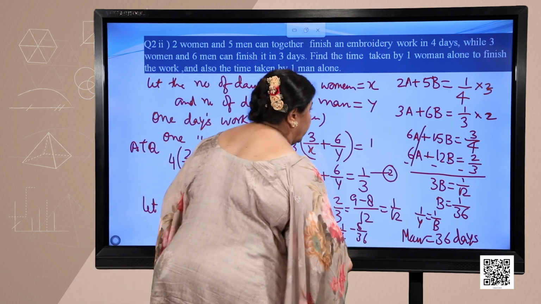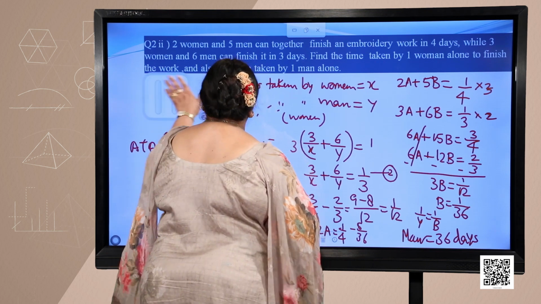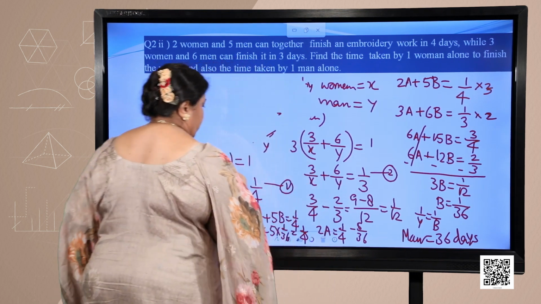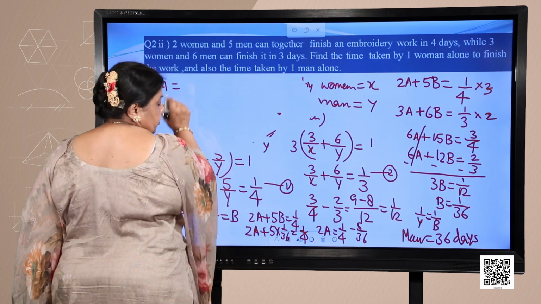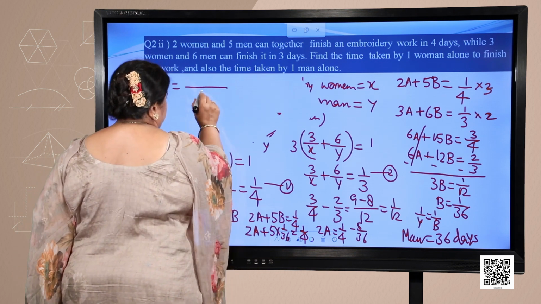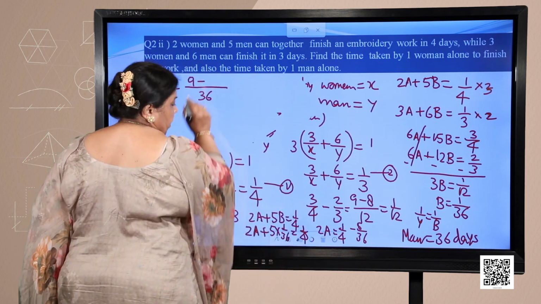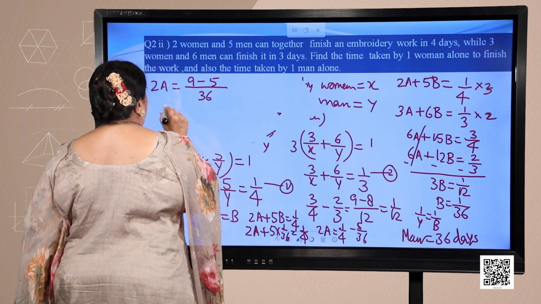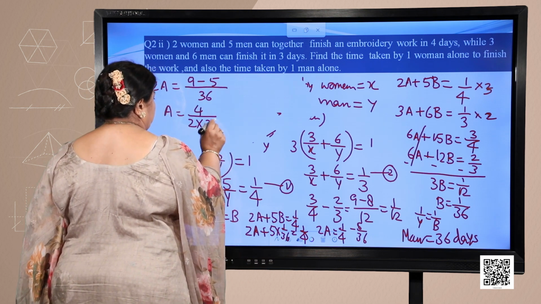That gives me 2a is equal to, 36 is the LCM, so it is 9 minus 5, or a is equal to 4 upon 2 into 36.